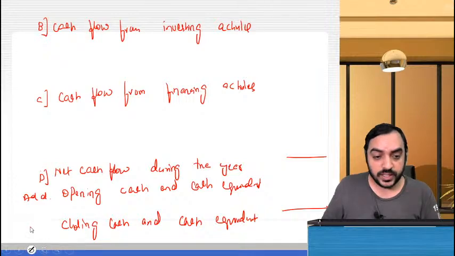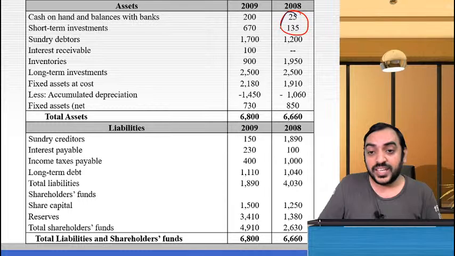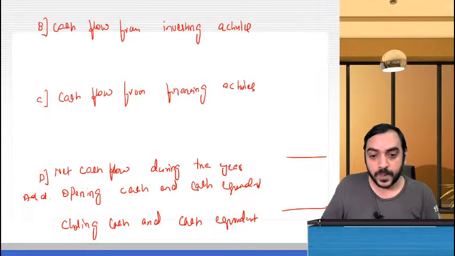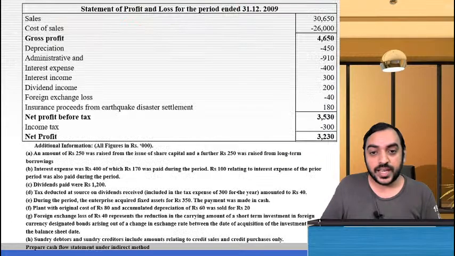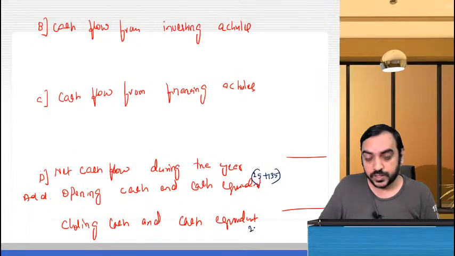Opening cash and cash equivalents is 25 plus 135. How much do you get? And closing cash and cash equivalent is 200 plus 670. The short-term investment, I'm assuming it as cash equivalent.